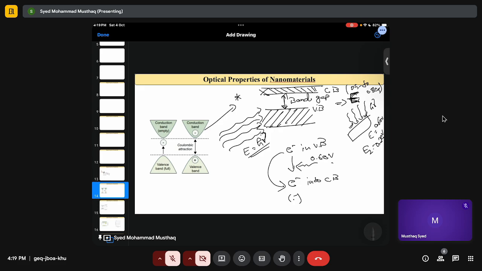That's why whenever you take a torchlight and emit some light onto a metal, it will not get transparent. The reason is whatever you are trying to hit with your light is getting absorbed. So that's why the metals are not transparent.